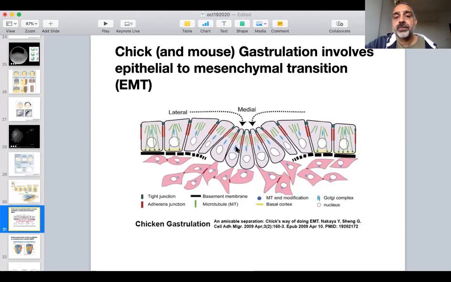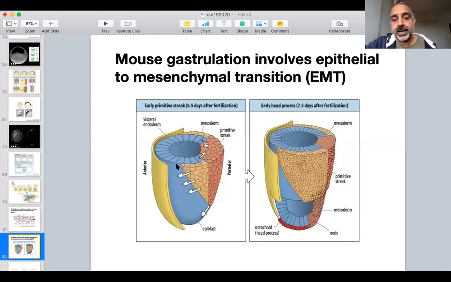This is the mode of gastrulation in the chick. It's the mode of gastrulation in us, and in mice as well. And so here, again, you can see the epithelia. So in mouse embryos, the epithelium at this stage is on the inside. And we'll go into this in a subsequent lecture. But again, it's the same kind of concept.